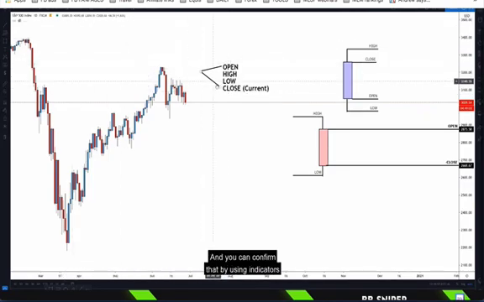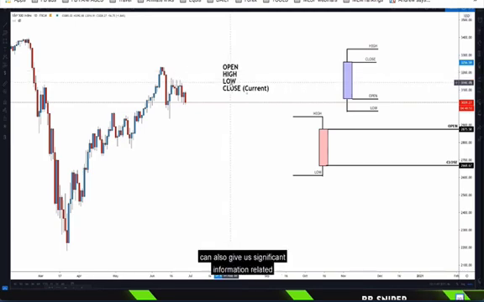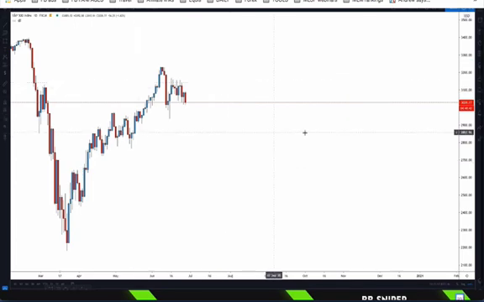And you can confirm that by using indicators such as the volume profile. The high and the low can also give us significant information related to what direction the market could be heading next. So let's clear off the chart.